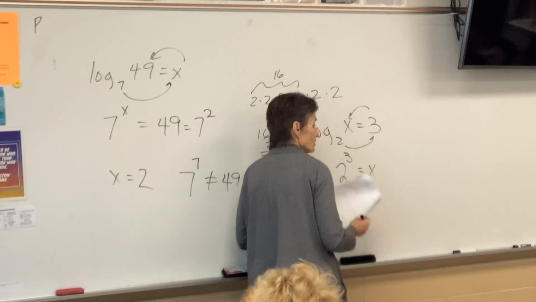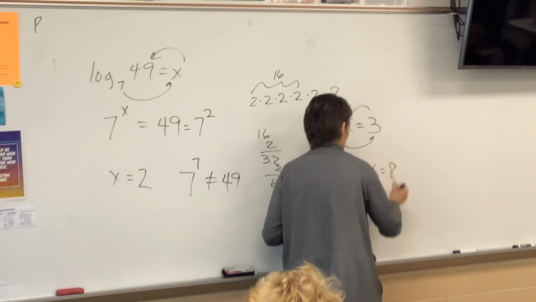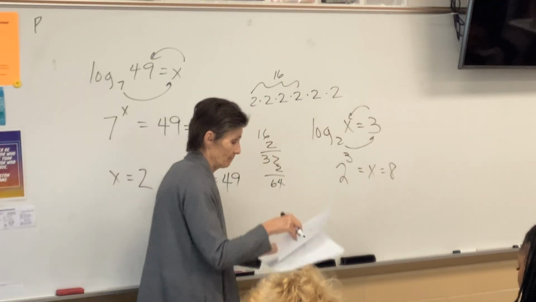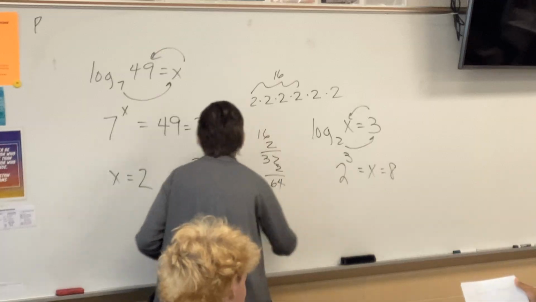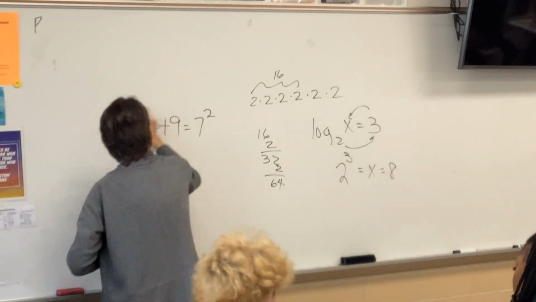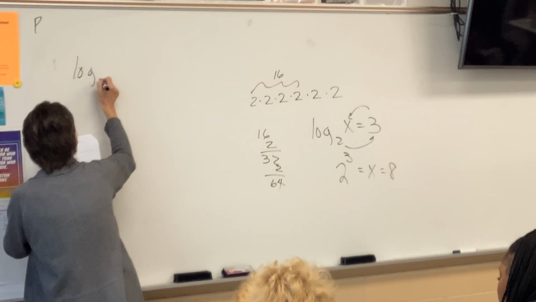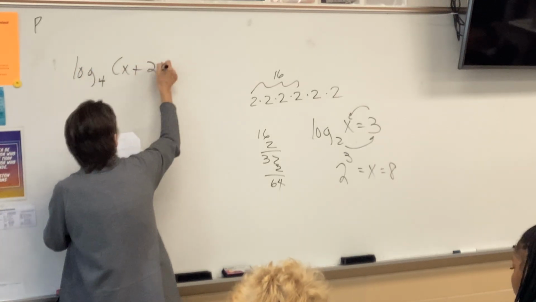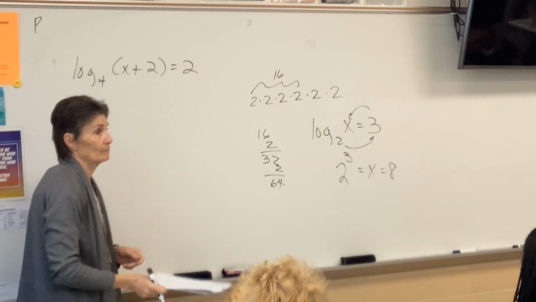What's 2 to the third? 2 times 2 times 2 is 8. C could actually be on tomorrow's quiz. It's not, but it could be because it's done exactly the same way.